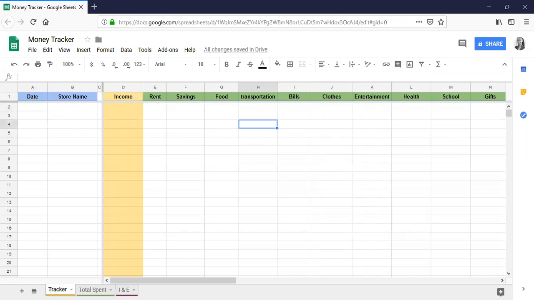But what you would do with this first tab is the main tab that you're going to be interacting with. So any type of transaction that happens with money, you want to record it here.